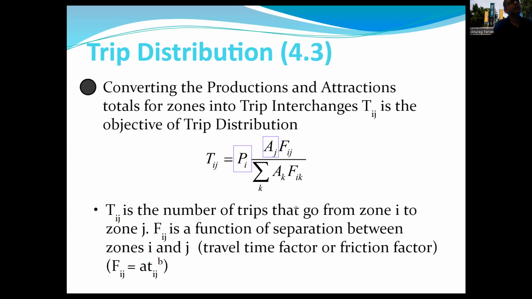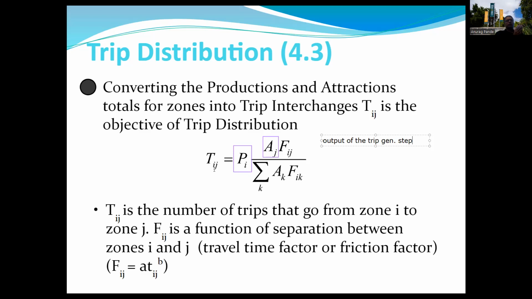These purple boxes, Pi and Aj, are the output of the trip generation step as well. The previous step that we did gives us those as output. Pi is the total number of trips being produced in zone i, and Aj is the total number of trips attracted to zone j. And you can figure out Tij.